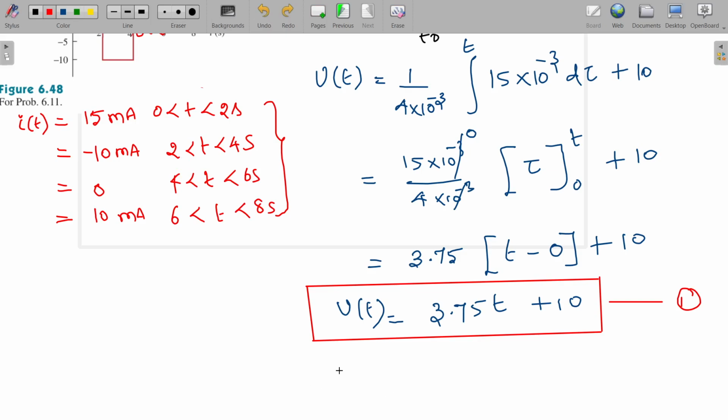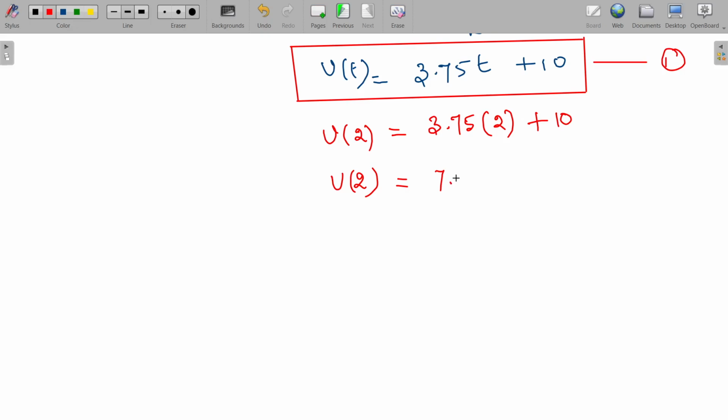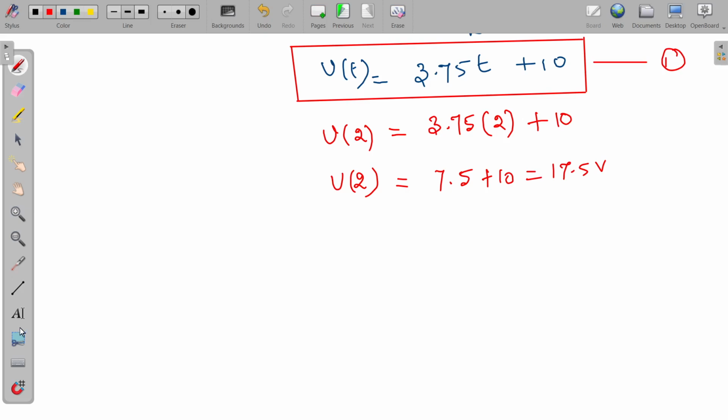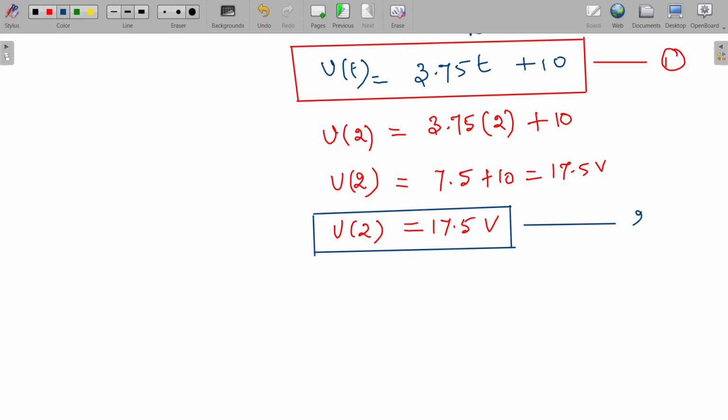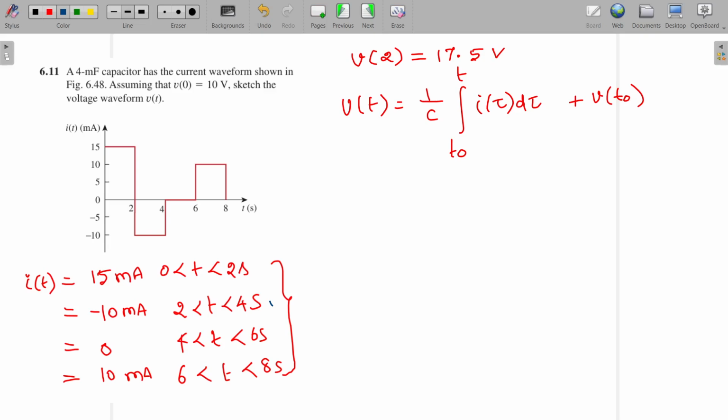You should find V of 2, that is equal to 3.75 into 2 plus 10. 7.5 plus 10, so that is equal to 17.5 volts. So again we should note that V of 2 is equal to 17.5 volts. This also we need. Now we move on to the second.